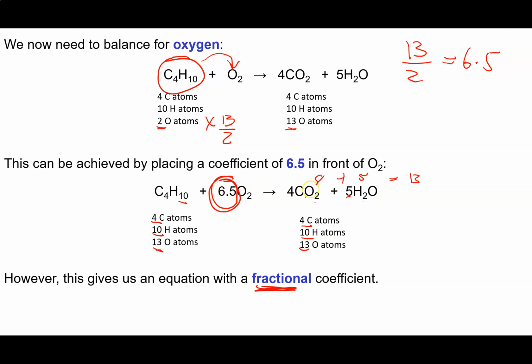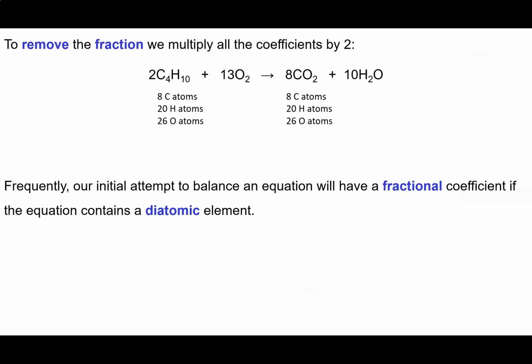So we said previously that our coefficients should be the smallest set of whole numbers. So how am I going to get rid of my half there? What I'm going to do is multiply everything in my balanced equation by 2. So I multiply everything by 2 to get rid of my half.